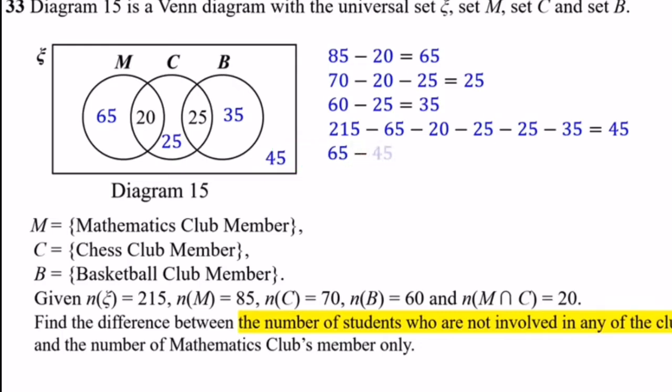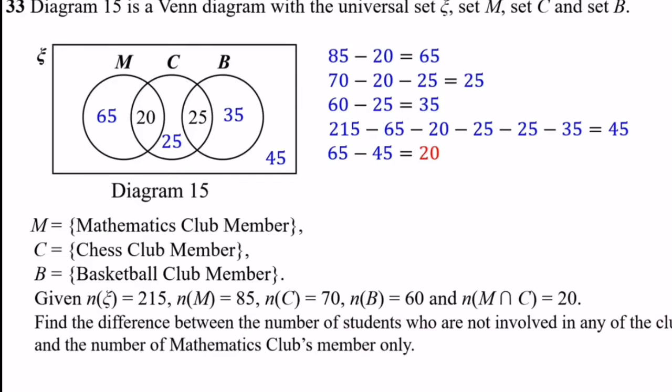All right, so that is how you work out problems involving Venn diagrams. That means you have to work out part by part. You focus on the part that has the given information, and you subtract it from the number of students in the club. Okay, so finally you will get the answer if you work out carefully.